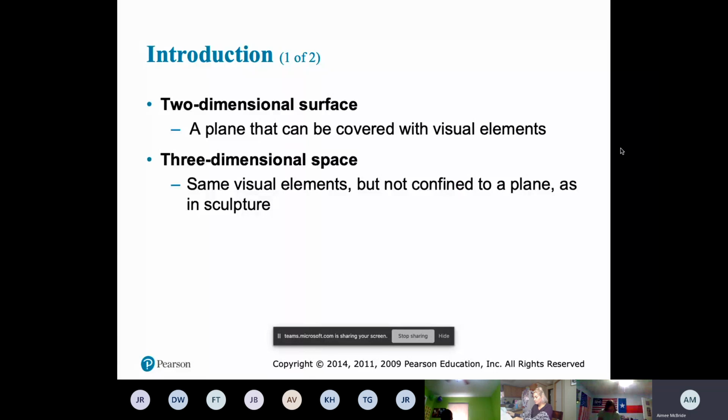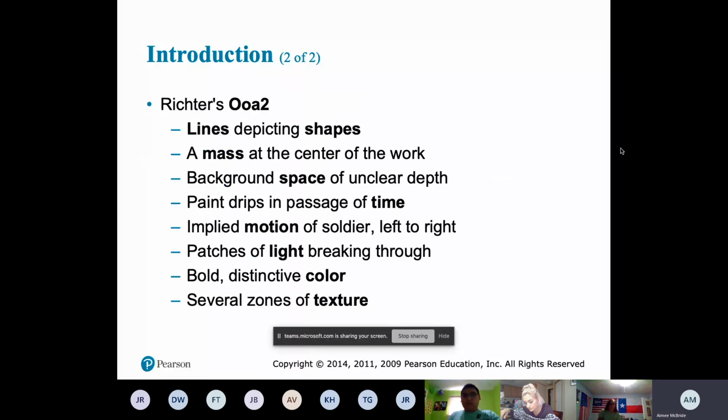You can draw on paper, but it's still flat. Three-dimensional space is something that you can usually see all the sides of, such as a sculpture, and it's not confined to a flat surface. But I'm guessing most of you probably know that. Okay, moving on to our tools that we're going to study.